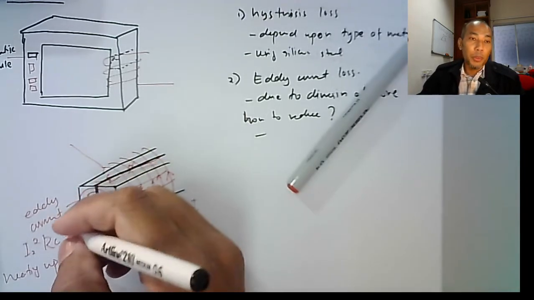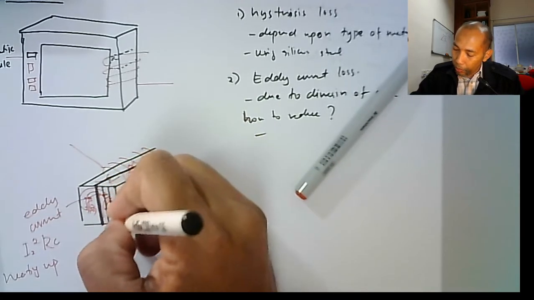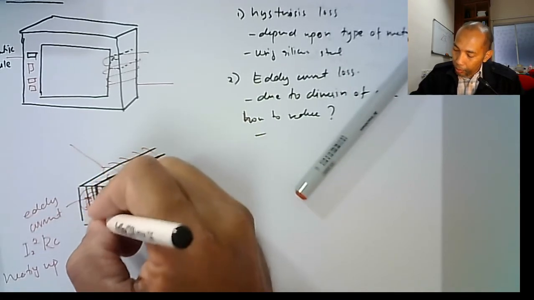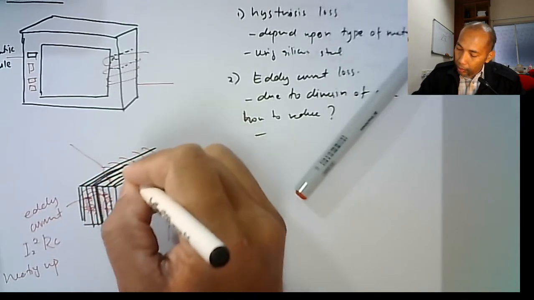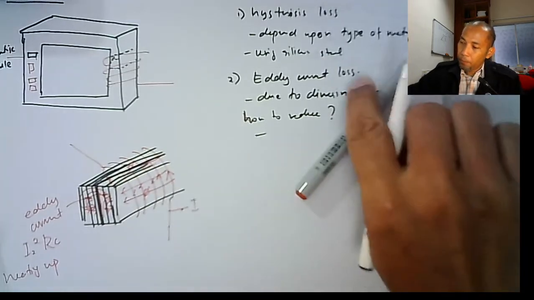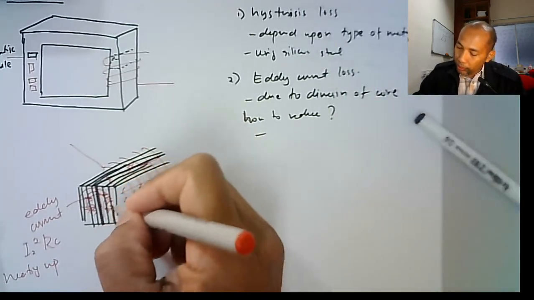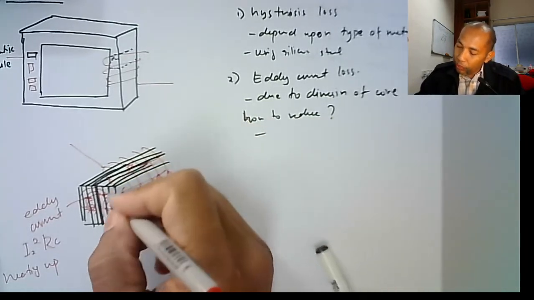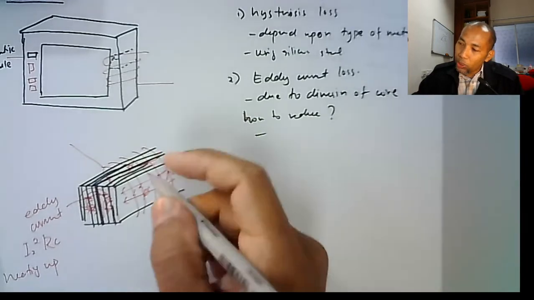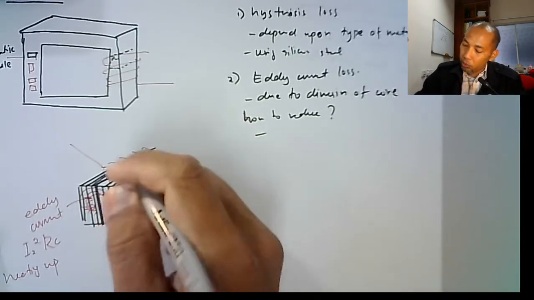If we want to reduce more, we have to split into more. We split into small thickness, and then each plate we have to laminate to insulate each other. So we laminate all of this into a few plates.